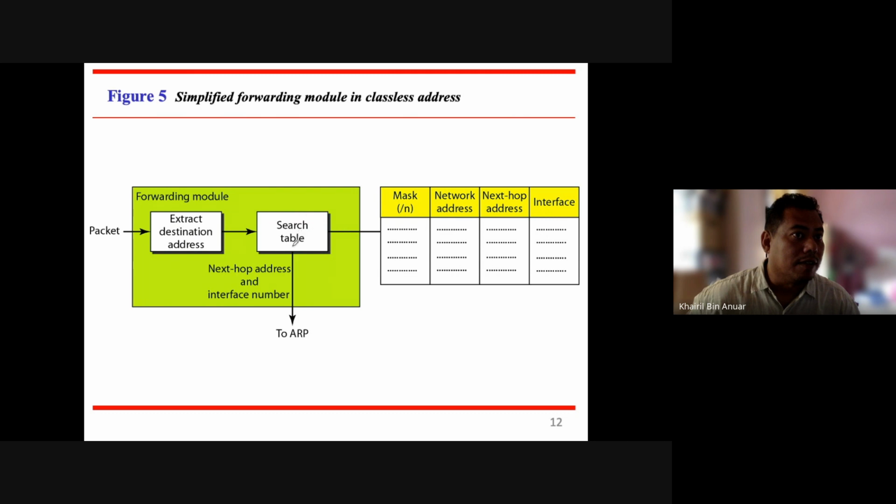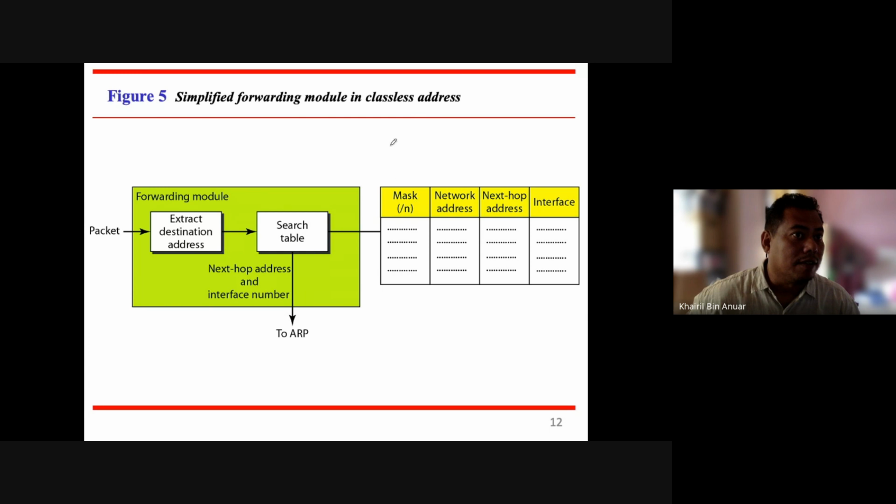Then it identifies the next hop address and the interface number. This is where you have to use ARP to match between the address and the interface number so that you are able to perform it.